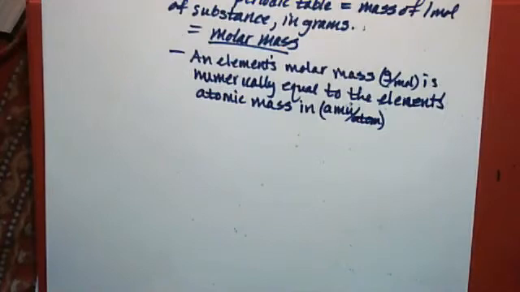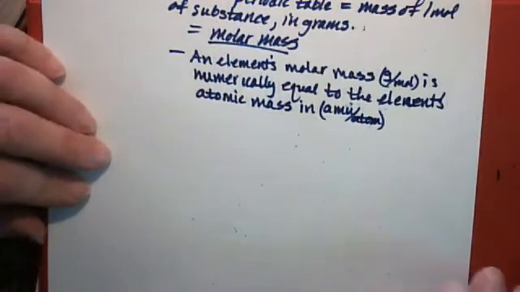So it's just another way of saying that the atomic masses in the periodic table can be read as AMUs per atom or grams per mole of atoms. So essentially, same thing.